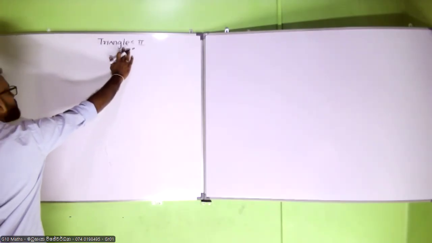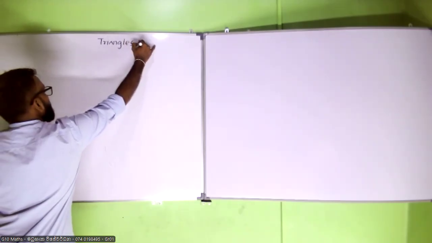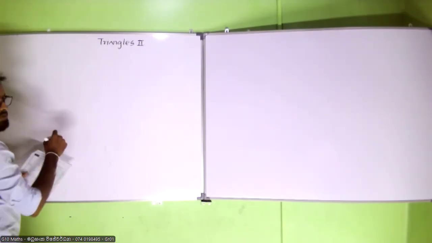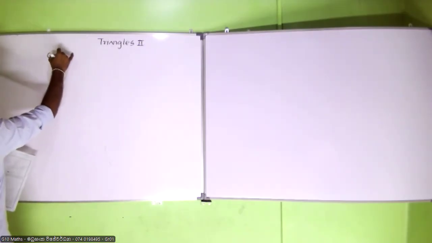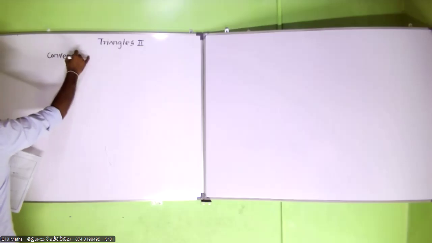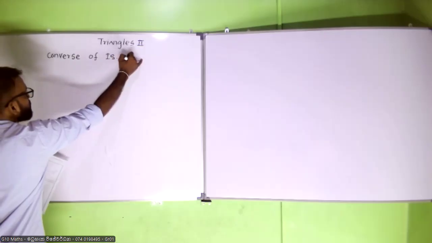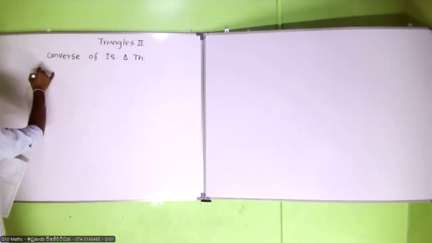So we are going to discuss the converse of the isosceles triangle theorem. Alright. So no need to write this one, I have given it. Converse of the isosceles triangle theorem. Right. So what is that? Let's draw.